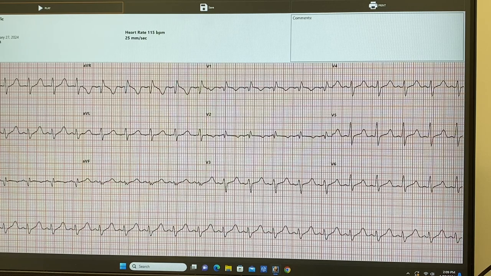So we don't seem to have an atrial issue? No. Then we're going to look at the PR interval. The PR segment is from the end of the P to the beginning of the QRS. From the beginning of the P to the beginning of the QRS is the interval.